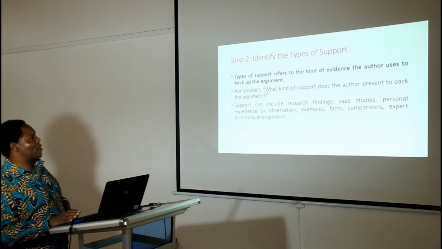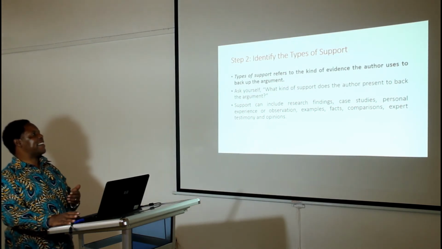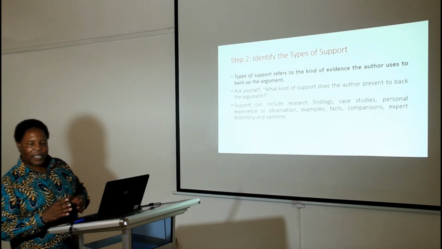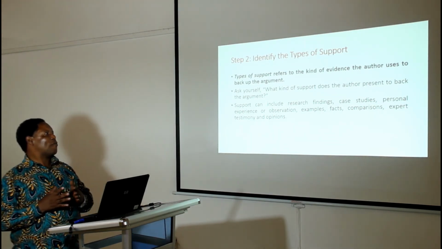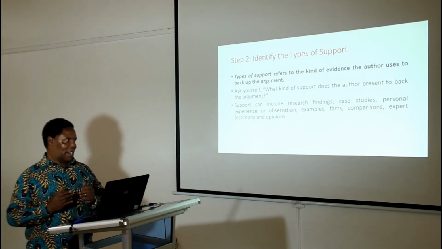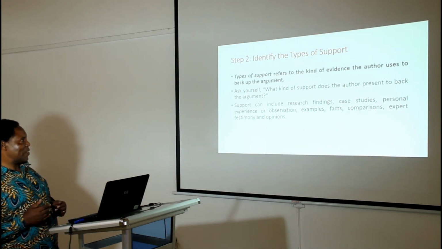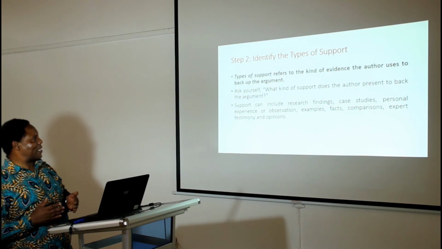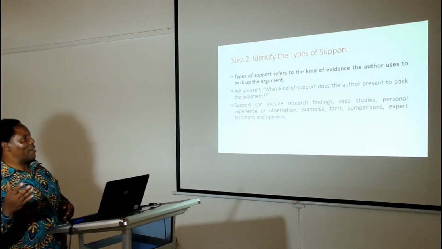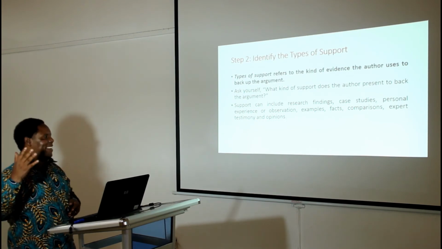Step number 2, try to identify the types of support. Types of support refers to the kind of evidence the author uses to back up the argument. For example, you should ask yourself, what kind of support does the author present to back the argument?